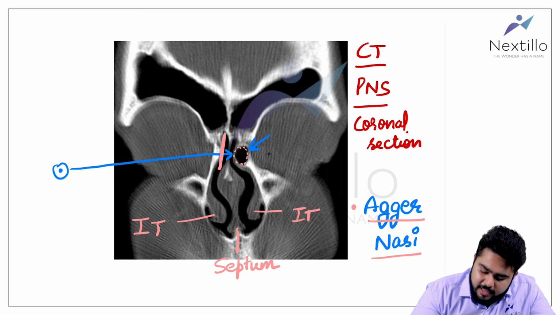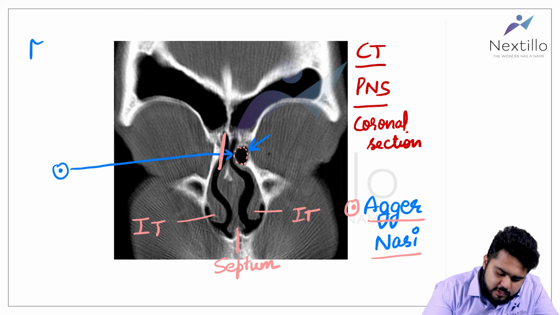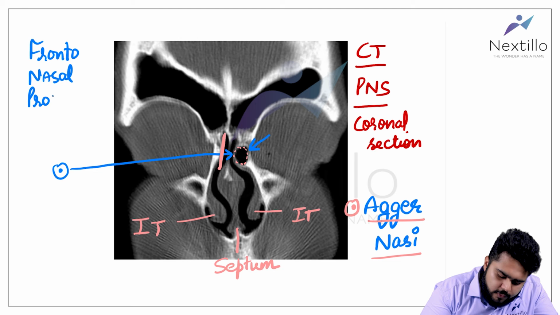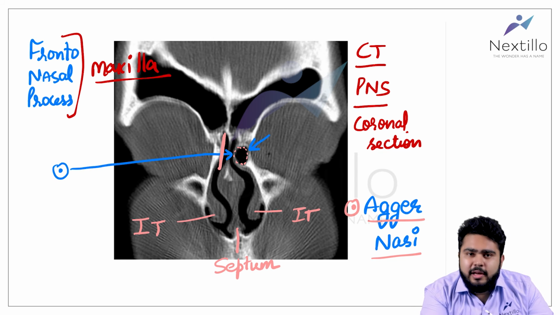And what is agar nasal? Agar nasal is nothing but pneumatization of the frontonasal process. I'll write it down. Pneumatization of the frontonasal process of which bone? Of the maxilla. So pneumatization of the frontonasal process of the maxilla by ethmoidal air cell.